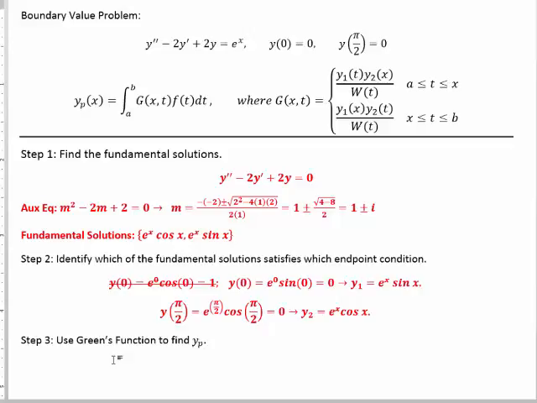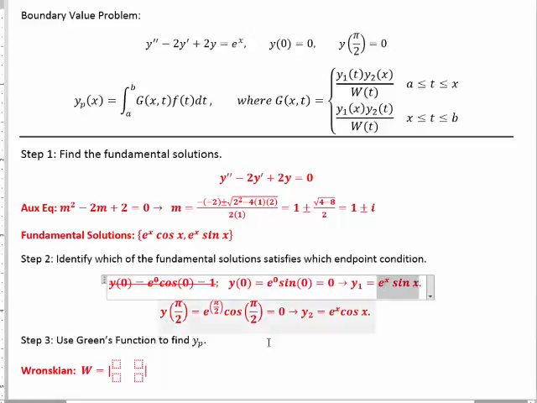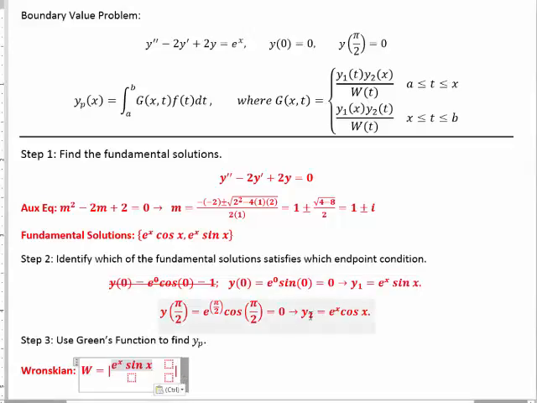So let's get the Wronskian, W. W is going to equal a 2 by 2 matrix that has y1 first, so that's e to the x times sine x, and then y2 in the next slot over here.